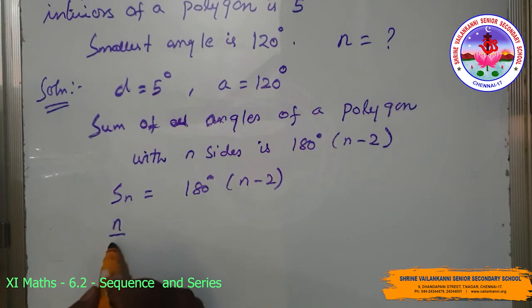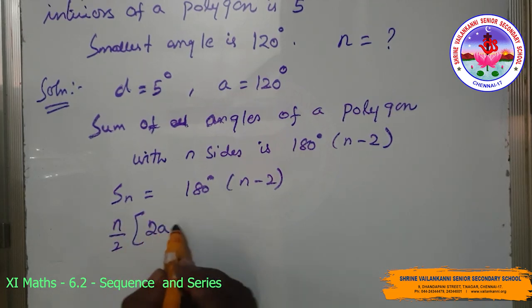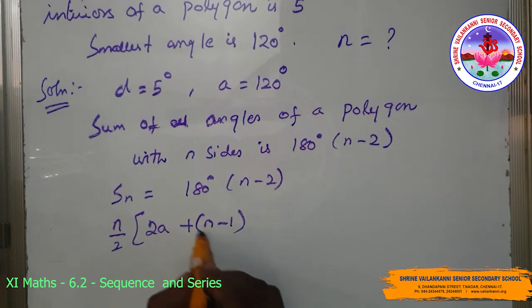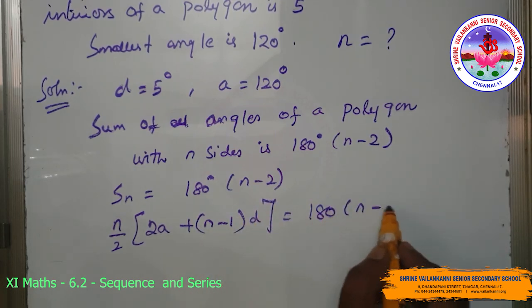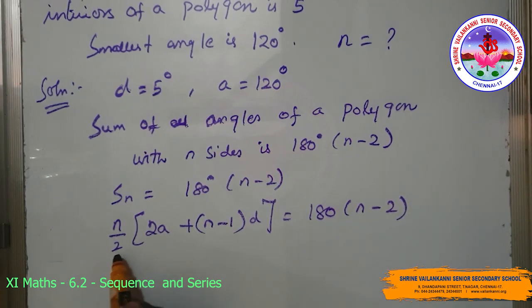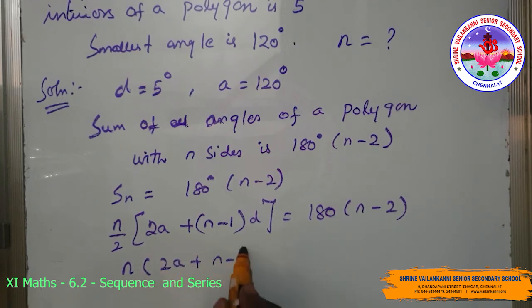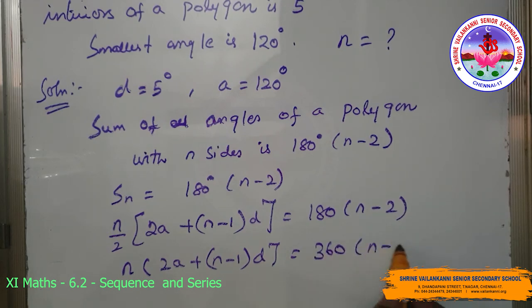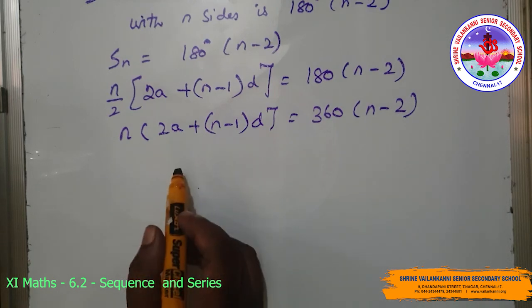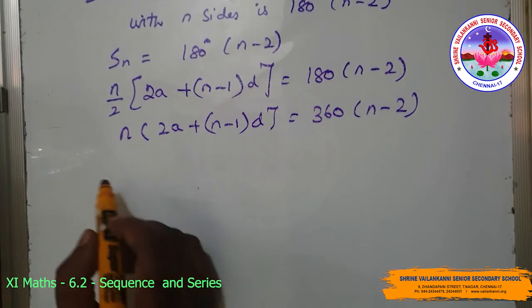Sn, using the formula n by 2 into 2a plus n minus 1 into d, which is equal to 180 into n minus 2. So taking this 2 here, we get n into 2a plus n minus 1 into d, which is equal to 360 into n minus 2. Substituting the value of a and d, a is 120 and d is 5.